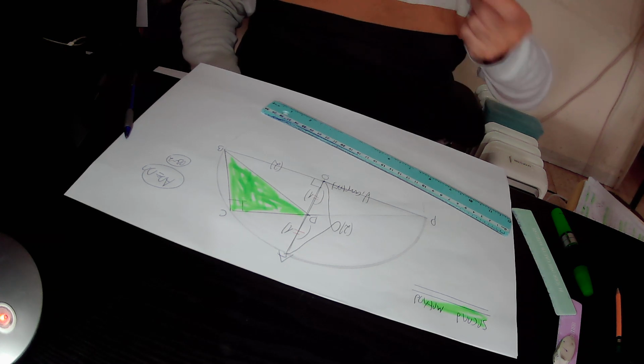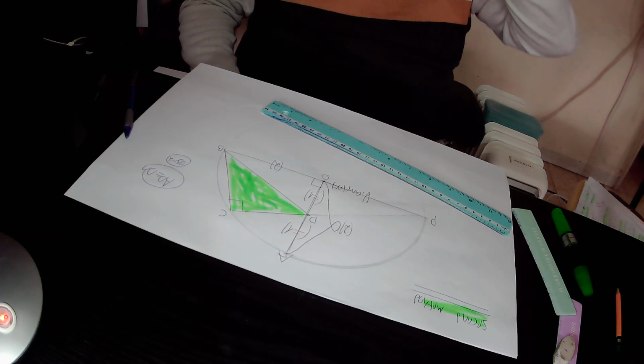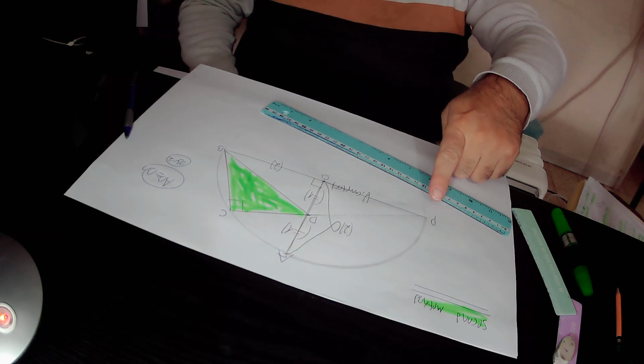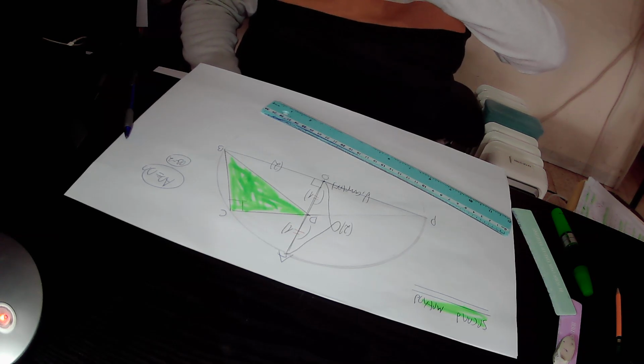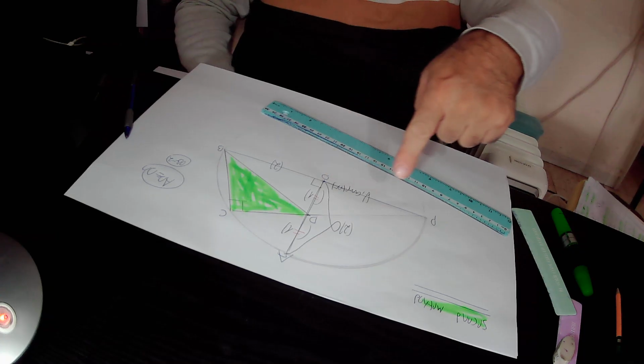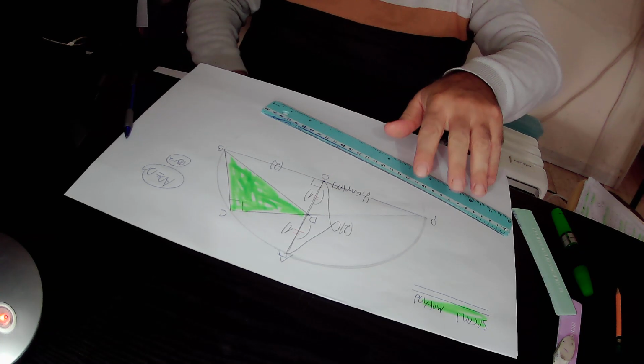I've already proved to you that the extended side CD must touch the semicircle at point P and not at any other point, due to the contradiction to Rule 5.